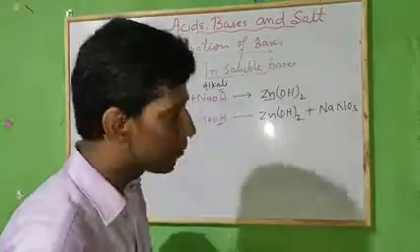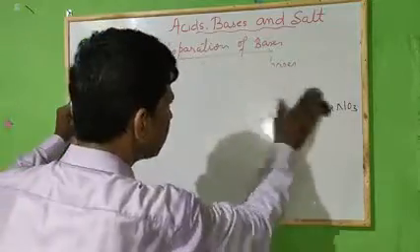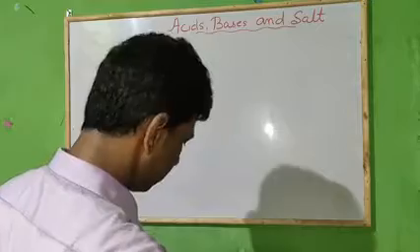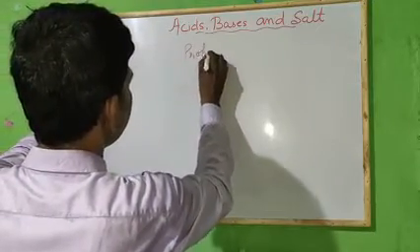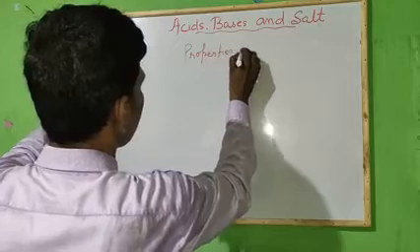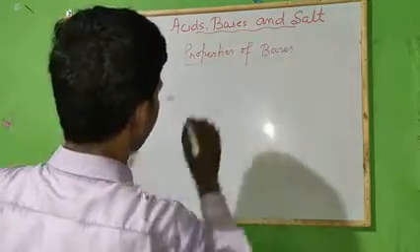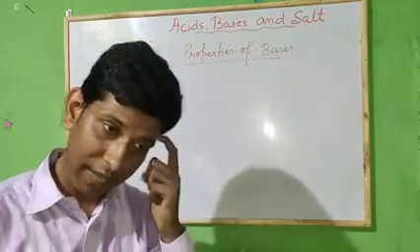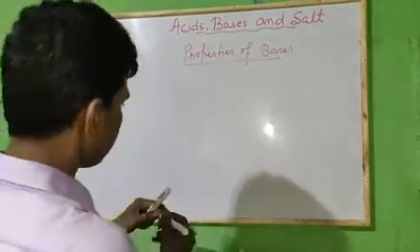Clear? So now the next thing we have to study is the properties of bases. I am trying to connect this with what we learned in class 7, so I will take a few properties from there also.